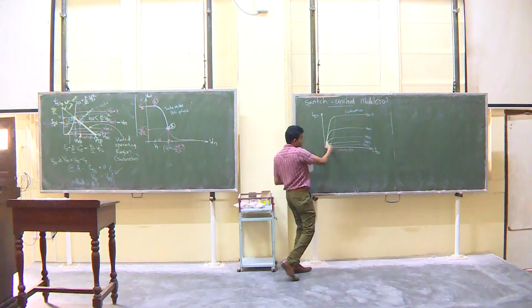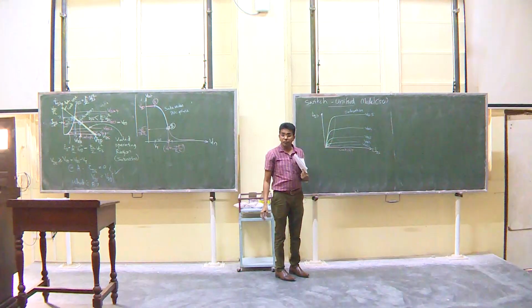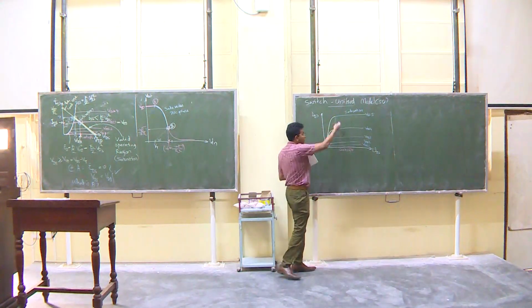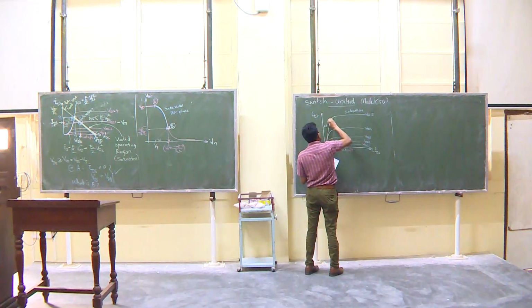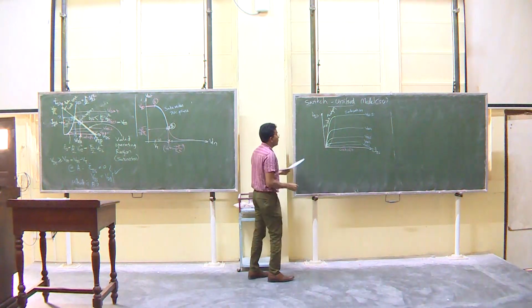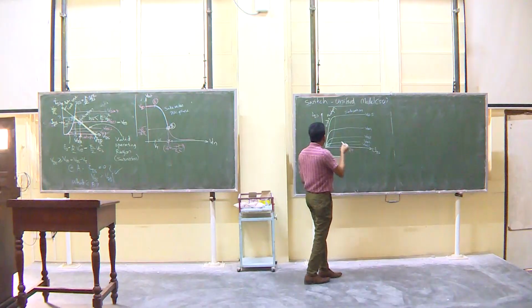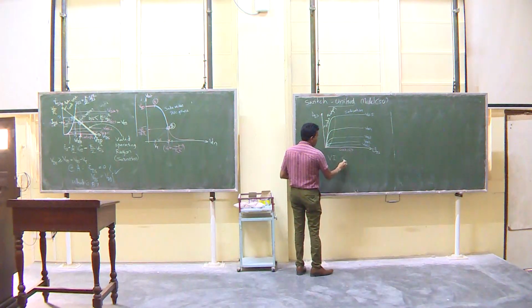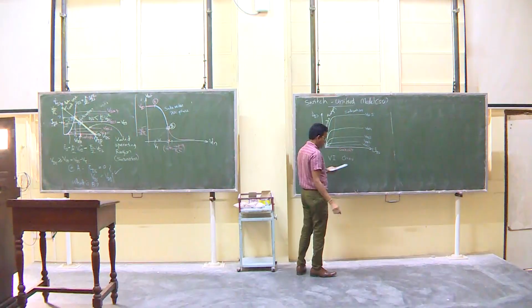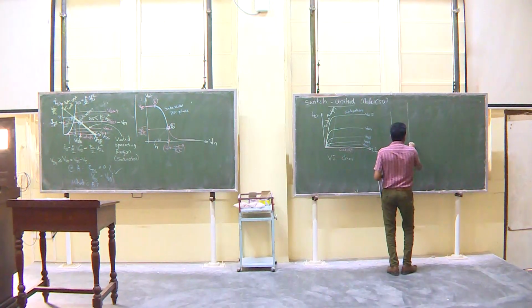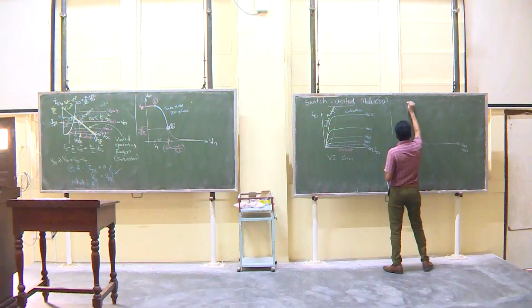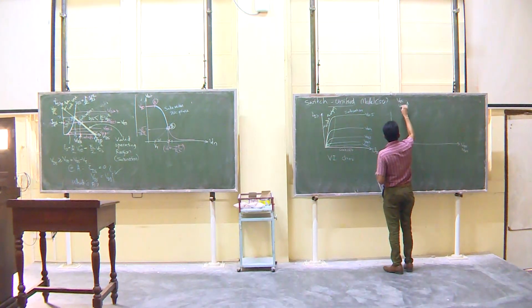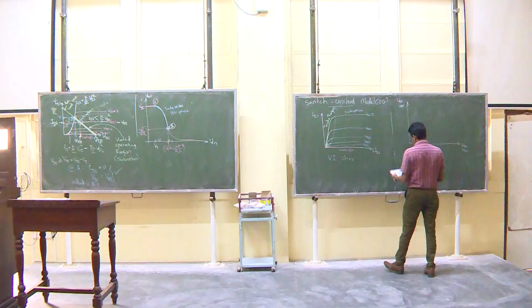This is where you have a lot of nonlinearity. See, this region has a lot of nonlinearity. This is the triode region. And similarly, these are the transfer characteristics, VIN versus VOUT.